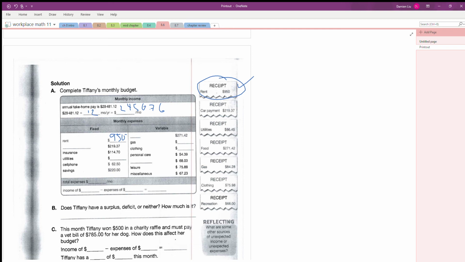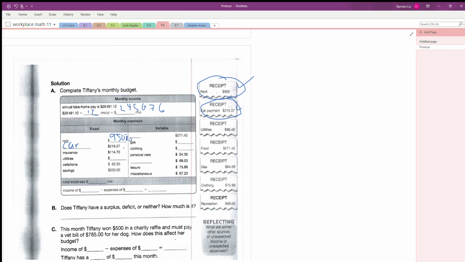Car payments. All right, is a car payment a fixed or variable expense? It is a fixed expense, and notice the $219.37 is here, so that should be a car expense there. Please write the word car in there. So we have $950 here on top.